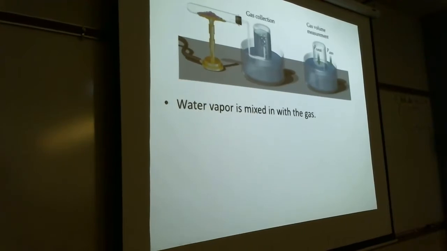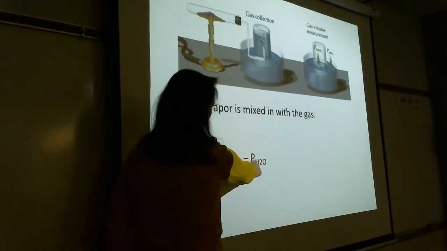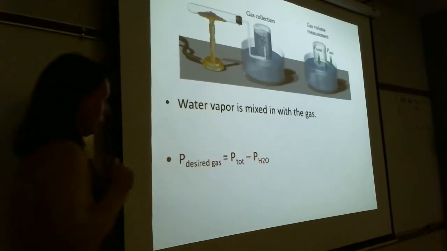Because this water is vaporizing. There's nothing you're going to do to stop it, unless you're at some extremely low temperature, and then that'll make this part difficult because you'd be trying to bubble through ice, and that would be hard. So we're going to have to subtract out the total atmospheric pressure minus the pressure of the water, which we can obtain pretty easily too.